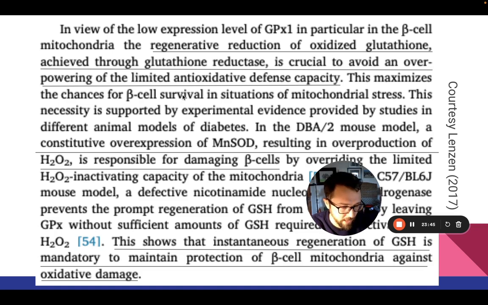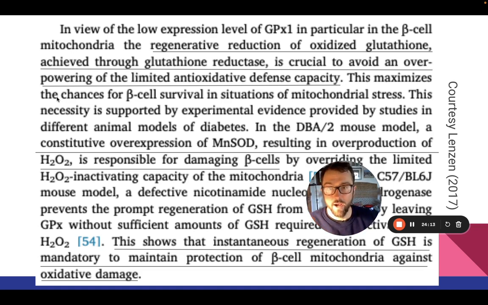Okay, let that sink in for a second. We have mechanisms in place that are regenerating glutathione in order to keep up with this hydrogen peroxide creation. That is achieved through glutathione reductase. Okay, so that's just one of the enzymes that is going to basically repurpose glutathione to be used again.